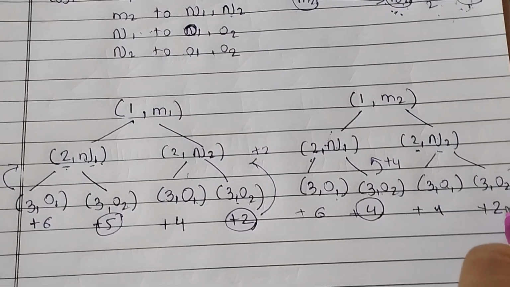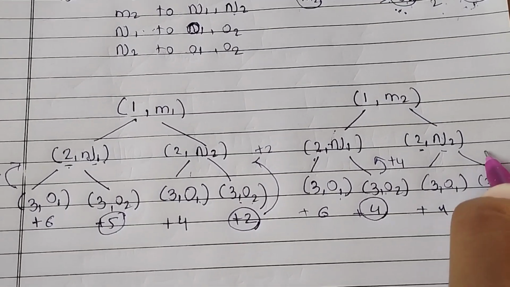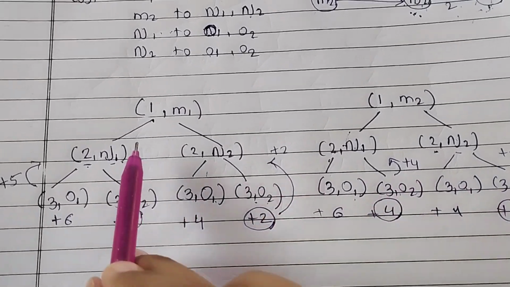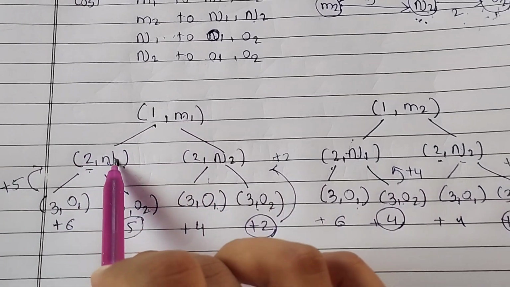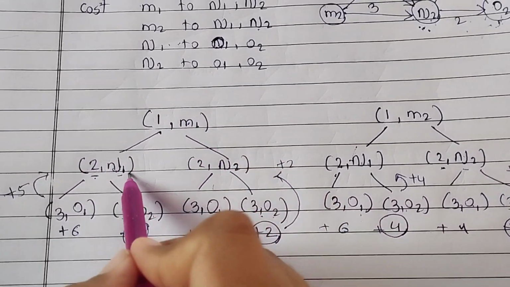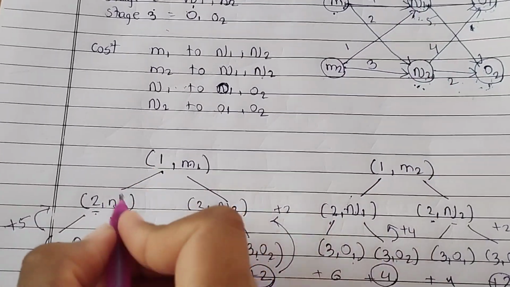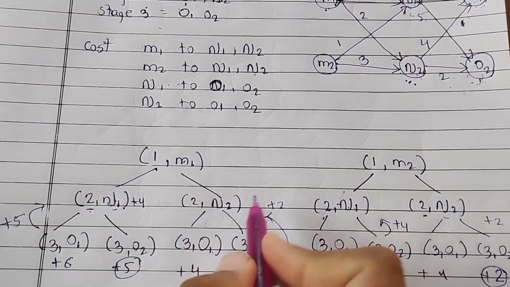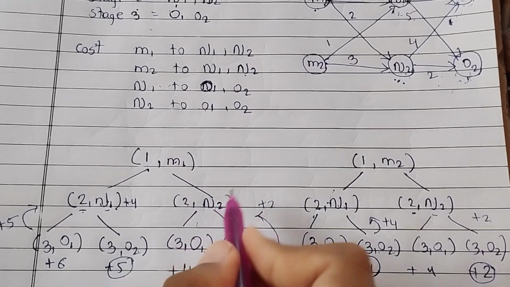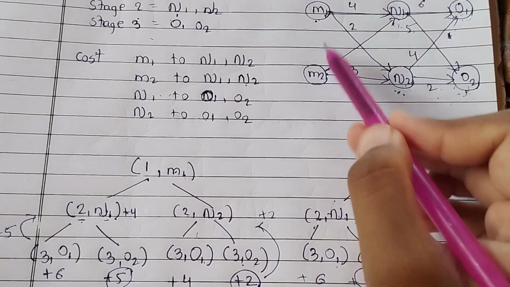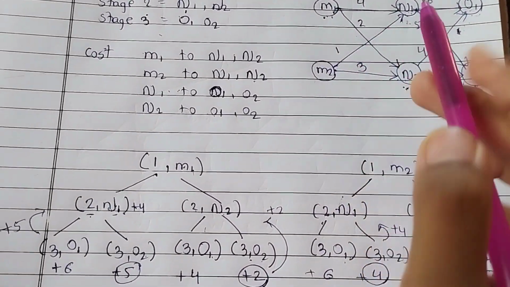And here 2 is the smallest, so transfer this 2, plus 2. Now again we find the cost here. M1 to N1 cost is 4, so here 4. M1 to N2 cost is 2.